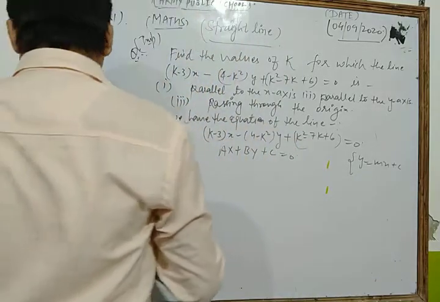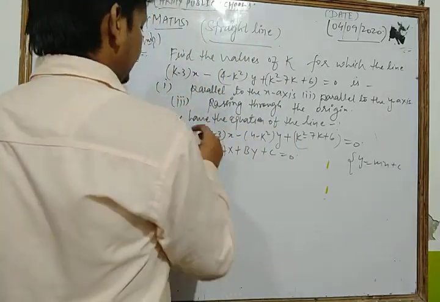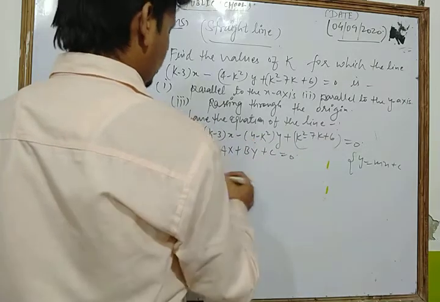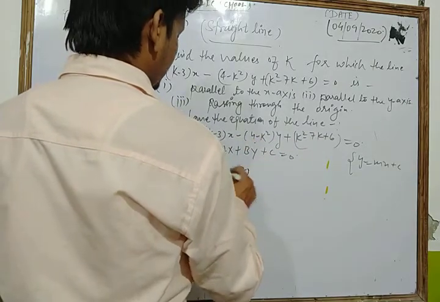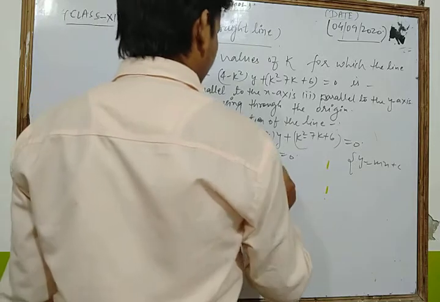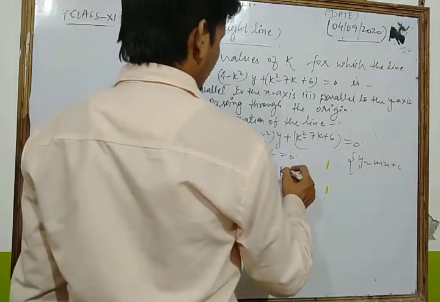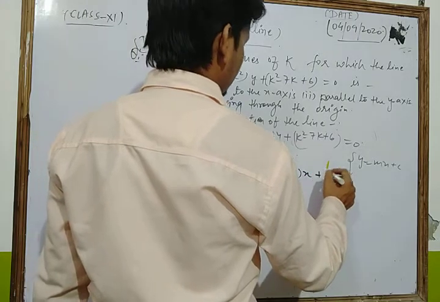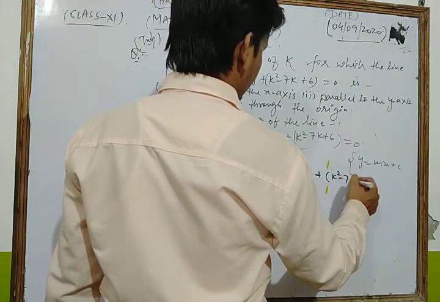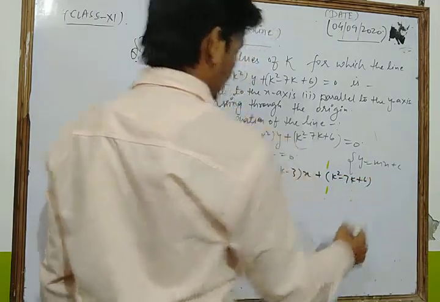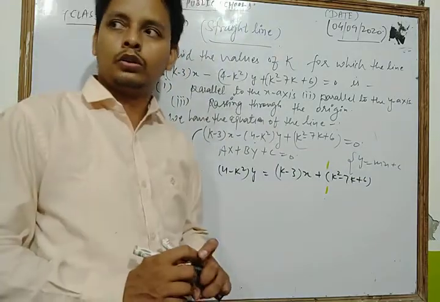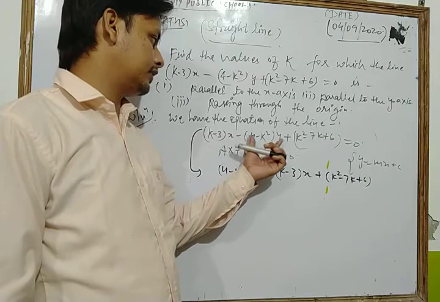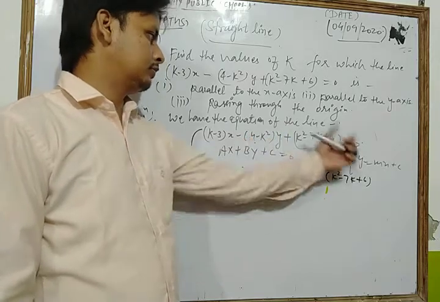First, we transfer the terms to the other side, so we get (4 minus k square) y is equal to (k minus 3) x plus k square minus 7k plus 6.